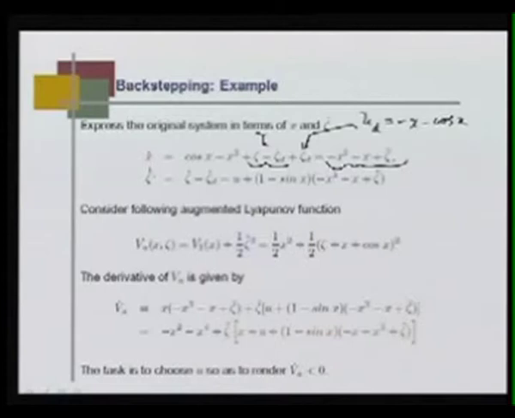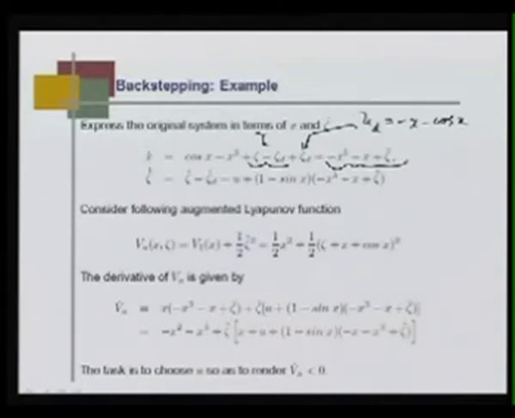And xi tilde dot, because xi tilde is a new state variable, I have to write an expression for xi tilde dot, which is xi dot minus xi desired dot. Xi dot we already know is u from the original expression, and xi d dot, if I differentiate, becomes minus x dot minus cos x into x dot.